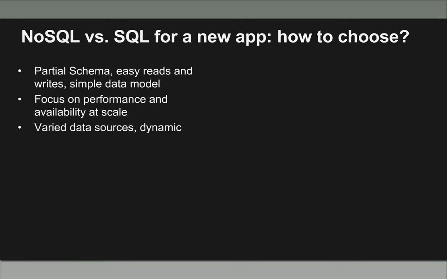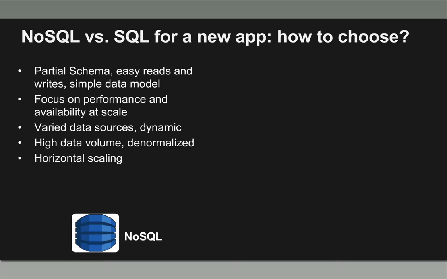You have multiple data sources that are dynamic in nature trying to connect to your database. Is your data denormalized in nature? And you have to maintain and manage a high volume of data ingestion coming into your system. In that case, NoSQL is your choice of database.